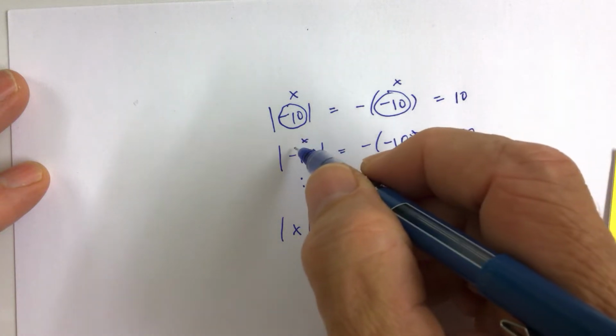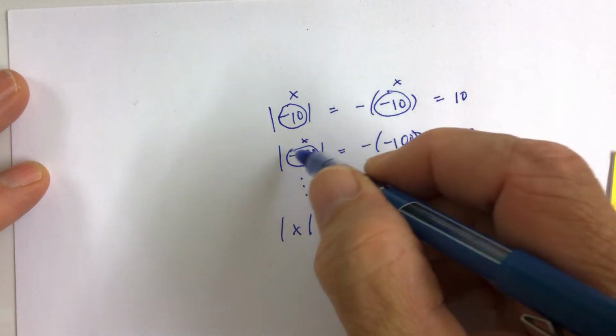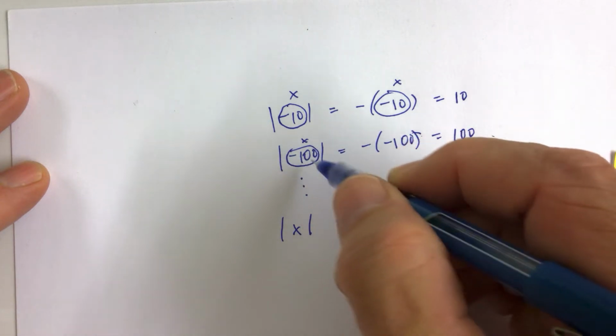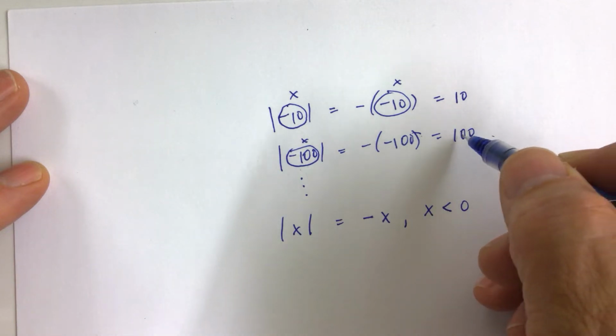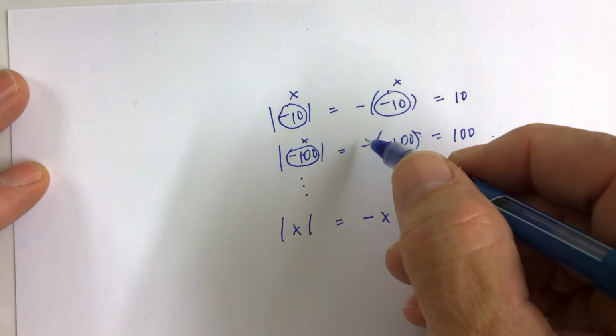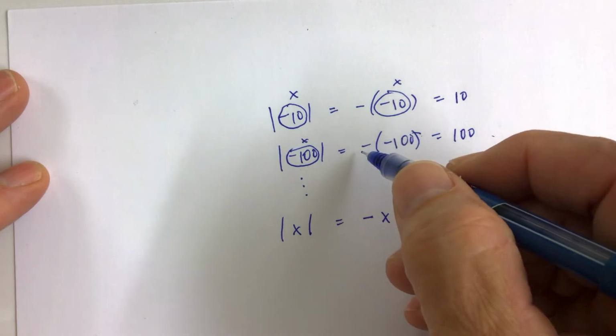If x happens to be negative 100, which is less than 0, then the absolute value of negative 100 would be the opposite of negative 100, which is again 100. So in order to counteract what the negative is inside, if we take the bars away, we have to put a minus sign in front.